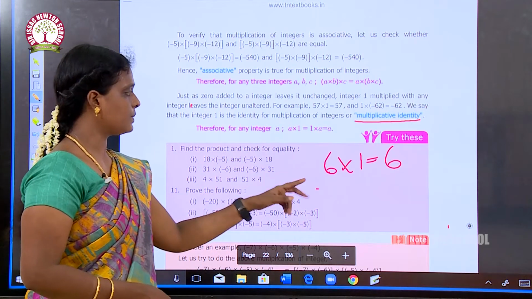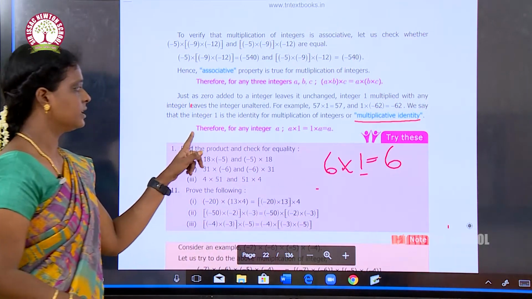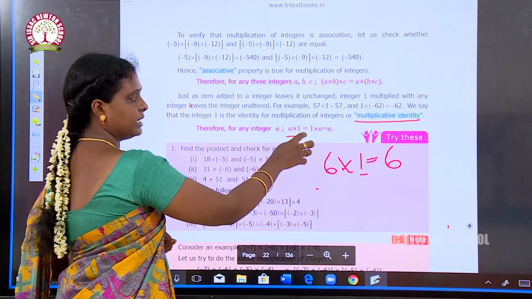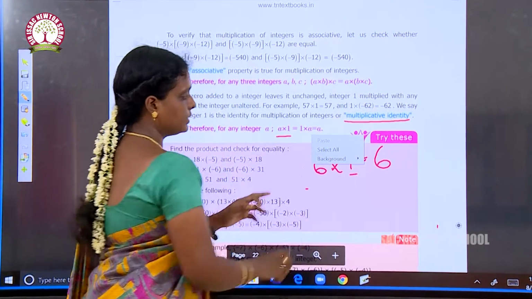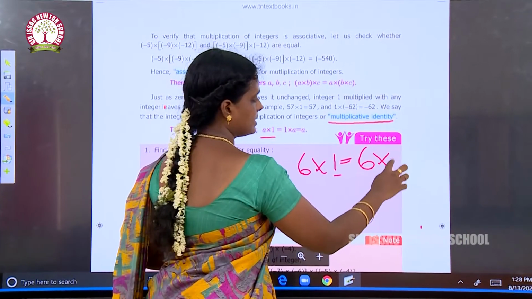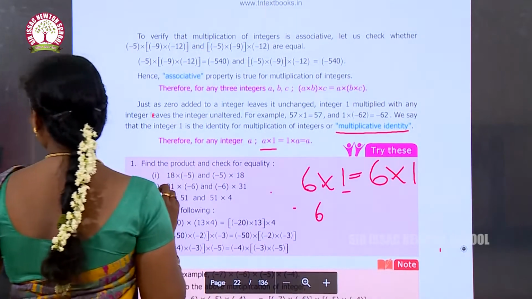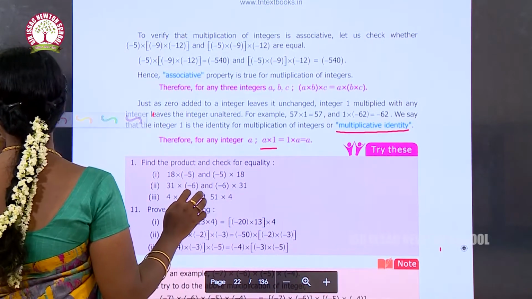So multiplicative identity is 1. Therefore, for any integer a, a into 1 is equal to 1 into a is equal to a. See, 6 into 1 is equal to 6, and 1 into 6, I will write it again.